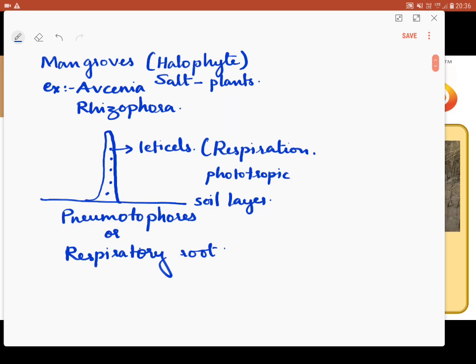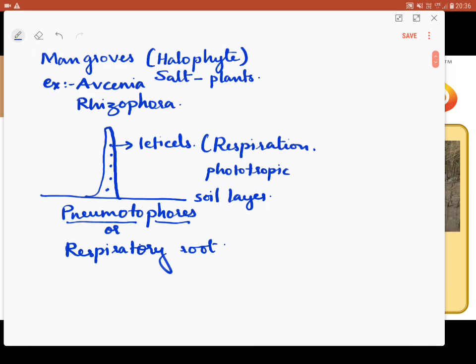Now, pneumatic is the part associated to respiration. So, it is a respiratory root. Since in salt water you do not find much dissolved oxygen, these roots absorb oxygen from the air.